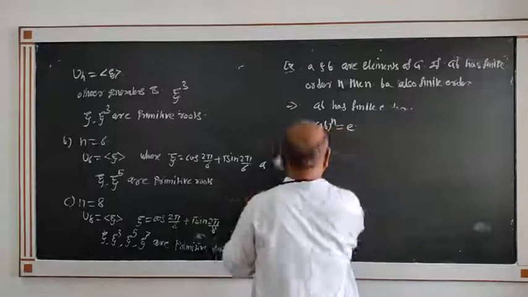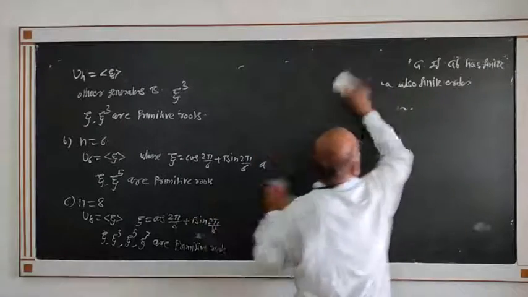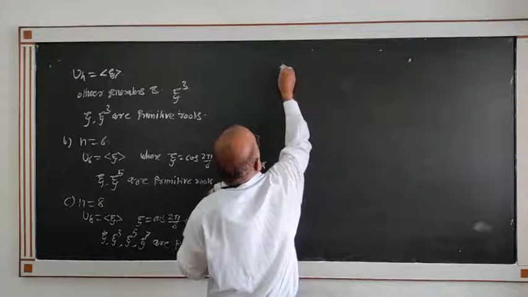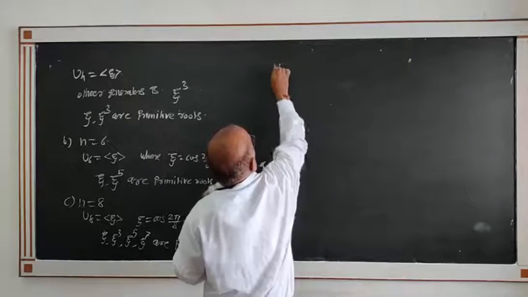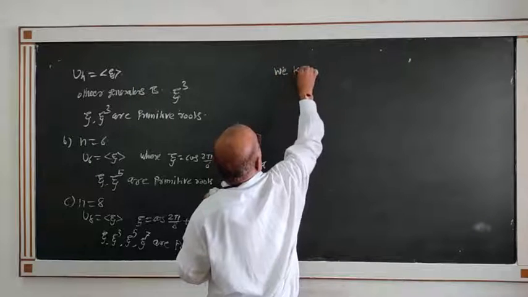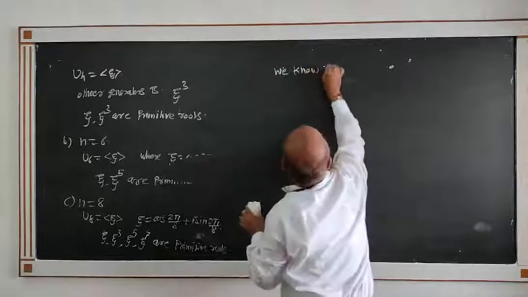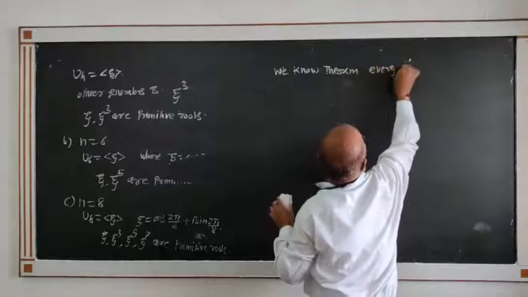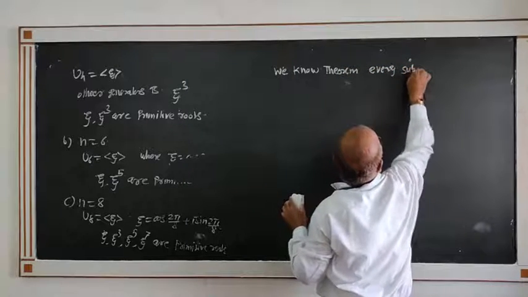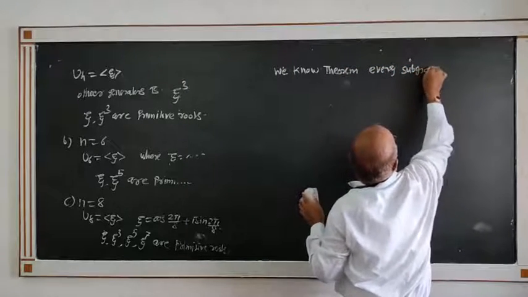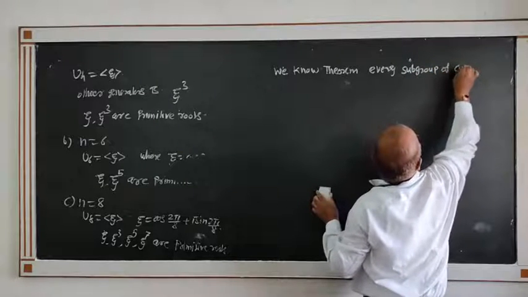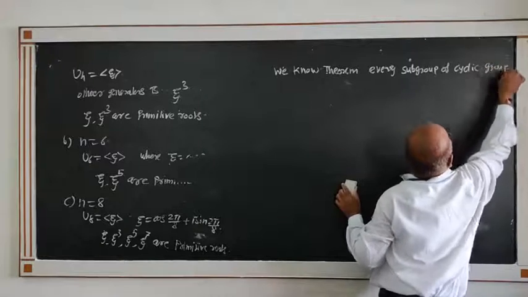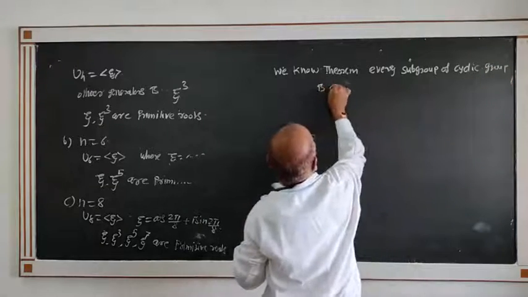Now the converse of the theorem is not true. Which theorem? We know every subgroup of a cyclic group is cyclic.